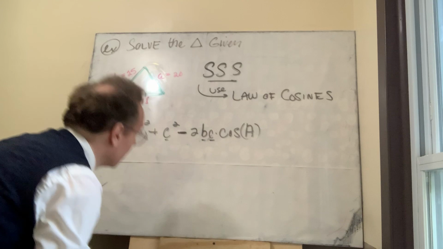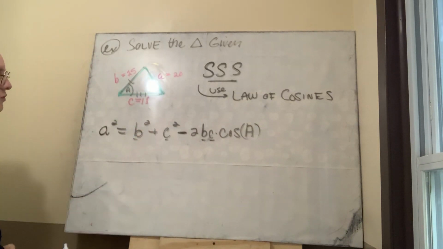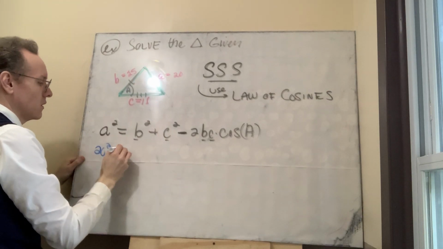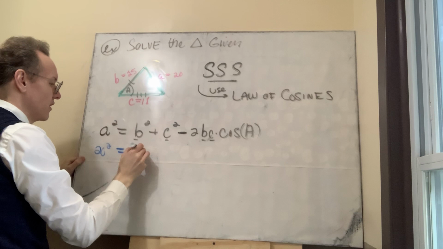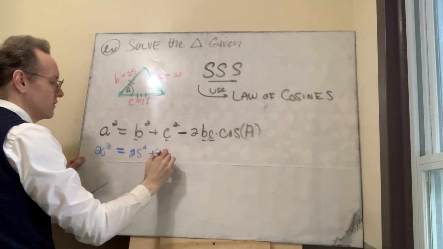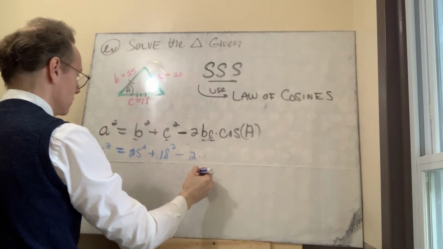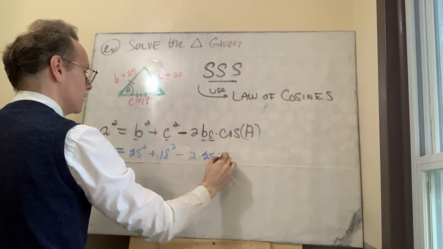Anyhow, if you incorporate these into the formula, you are going to have a number here. You're going to have a number here, 25, and here, 18, and then those two things multiplied. So let's see, 25 and 18.